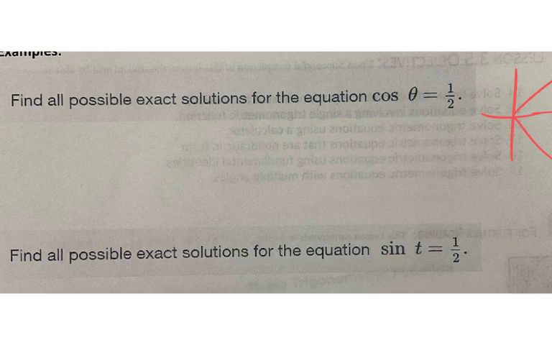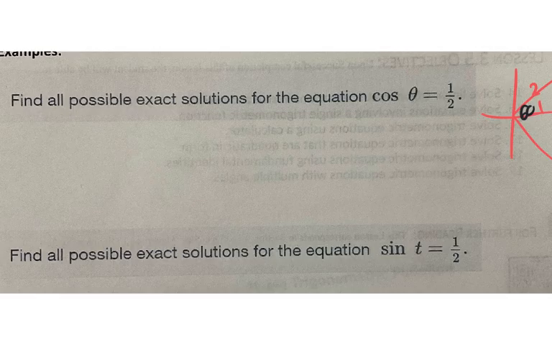Cosine is a ratio of the adjacent over the hypotenuse, which means if my adjacent side is 1, the hypotenuse is 2, this angle would have to be 60. It's a 30, 60, 90. Well, let's do this answer in radians, because I think it's going to want radians if it doesn't specify.